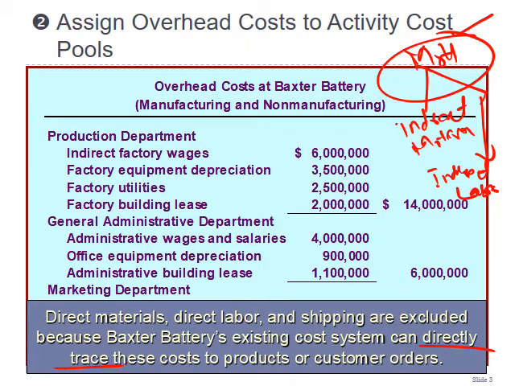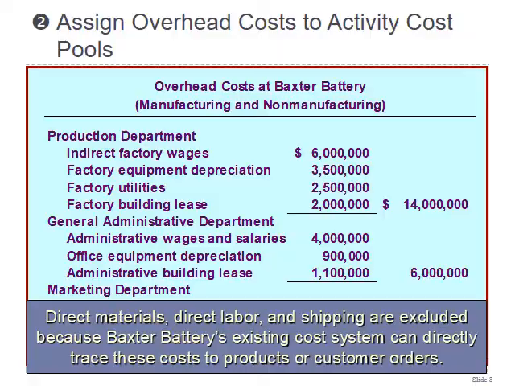ABC is also one of them, that is how we can allocate our manufacturing overhead onto the products. That's why we are not including direct material, direct labor and shipping, because they are directly traceable, so they are variable costs, direct costs, and we can easily calculate that.